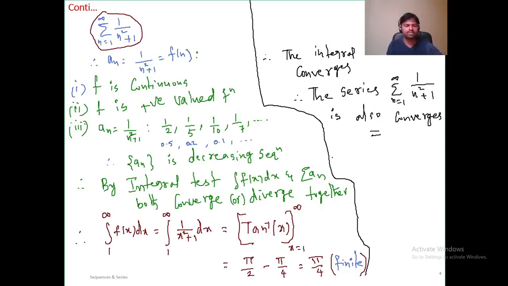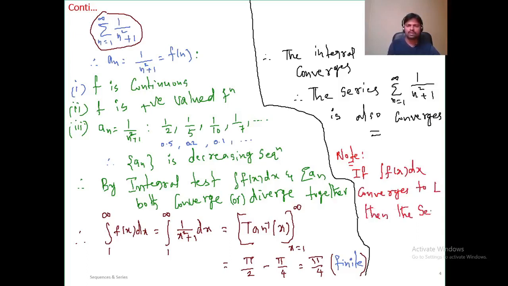But don't make one mistake. Let me write a note here. If the integral of f of x dx converges to some number L, then the series an may not converge to L. That means the integral value is pi by 4.